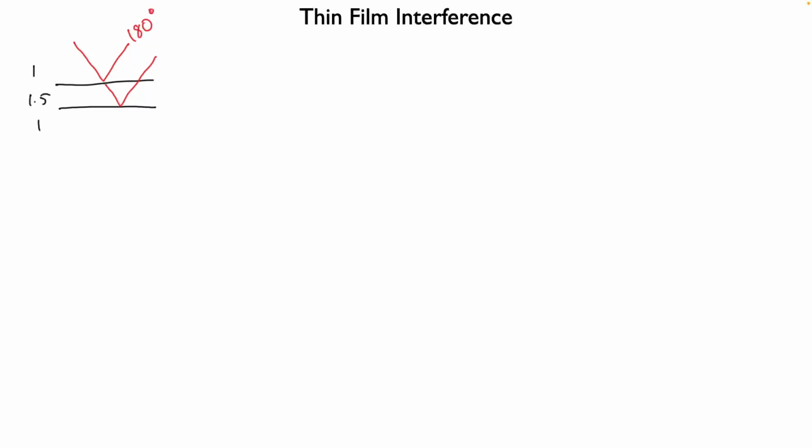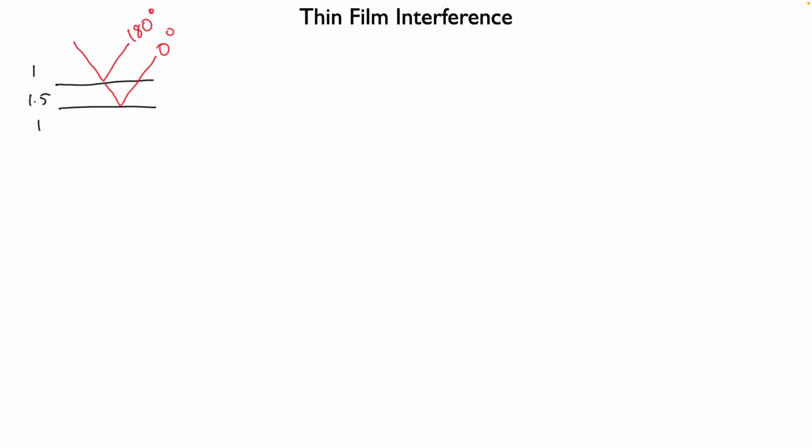So the one that goes into the film is at 0 degrees phase change still. And then it comes into contact with another interface. Only now it's traveling in 1.5 and it's trying to get into 1. So what's the phase change going to be if you go from high to low? 0. No phase change. And so that's what you're going to put on the second ray. You're going to label these rays based on the physics of how light is interacting at the two different surfaces.